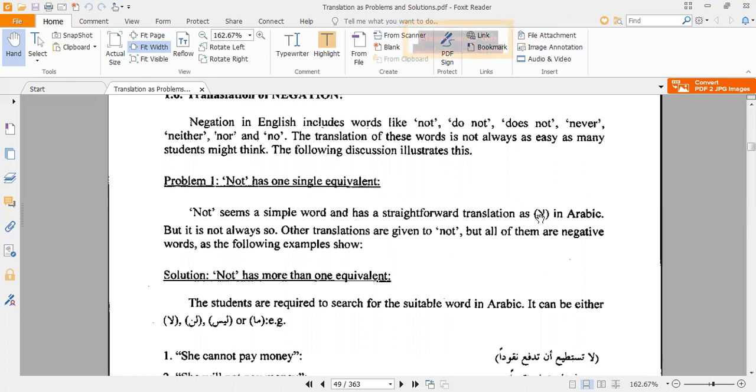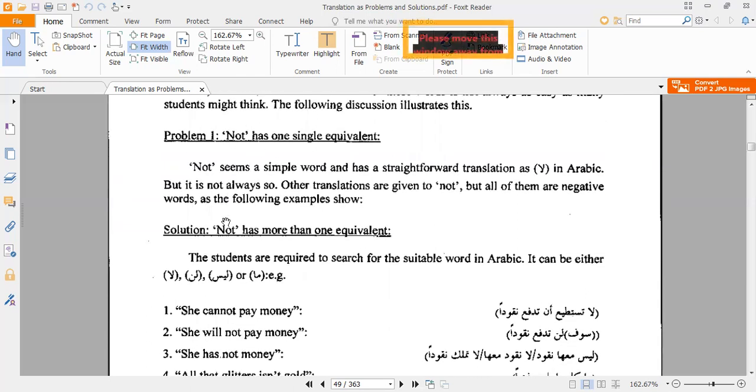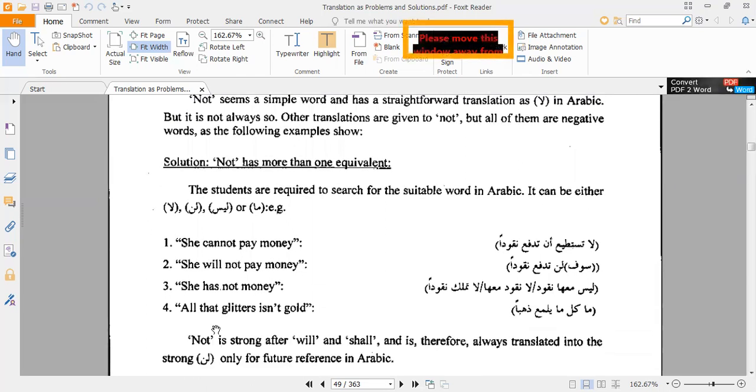So whenever they see not, they translate it as la, but this is incorrect. For example, look at this. She can't pay money. لا تستطيع أن تدفع نقودا. She will not pay money. لا تدفع نقودا.